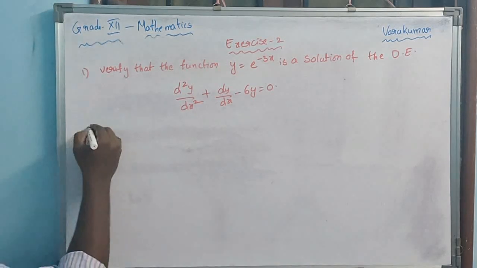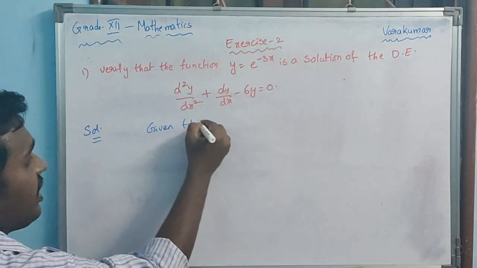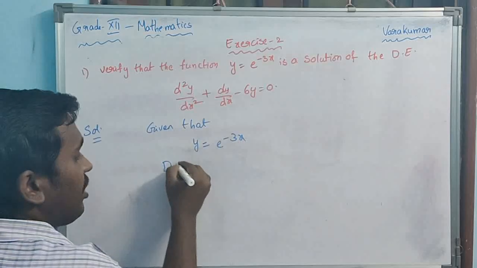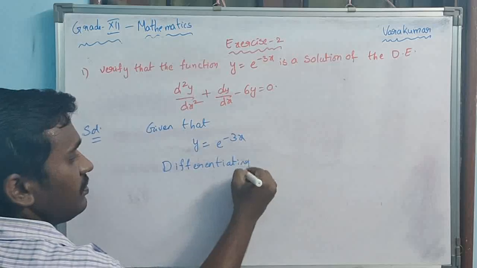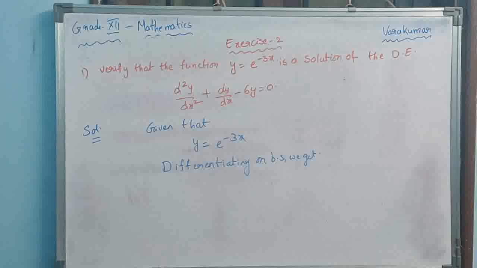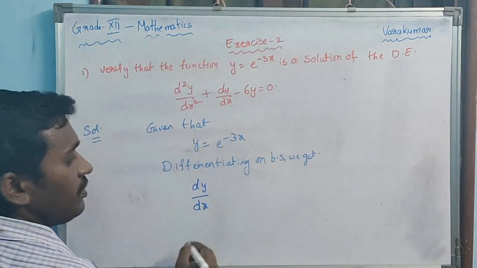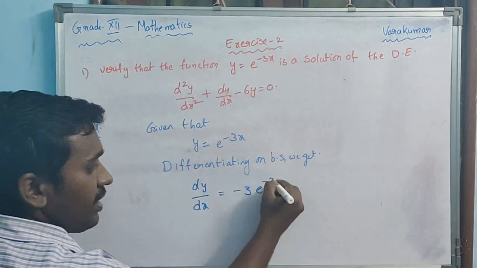Solution. Given that y is equal to e power minus 3x. Differentiating on both sides, we get dy by dx is equal to minus 3 into e power minus 3x.